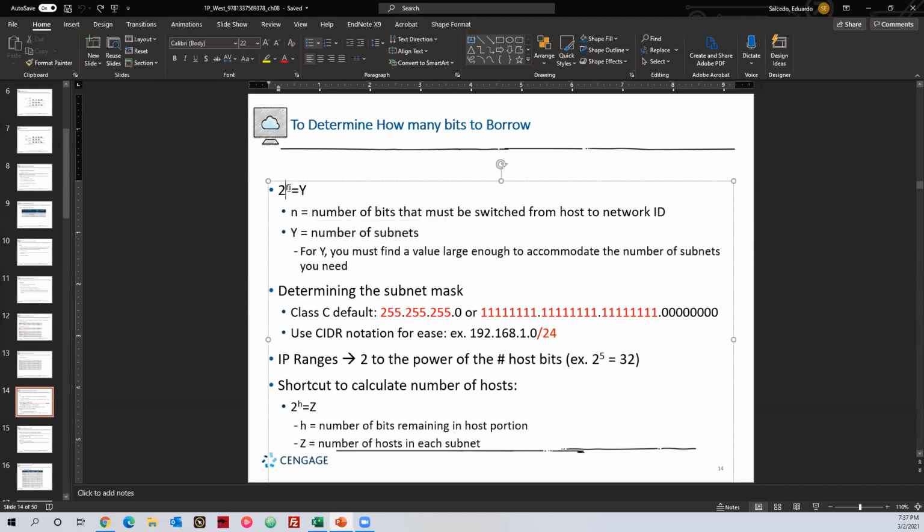So if we borrow 2 bits, we already got n. So 2 to the power of 2 is 4. So we could do 4 subnets with those 2 bits that we borrowed.